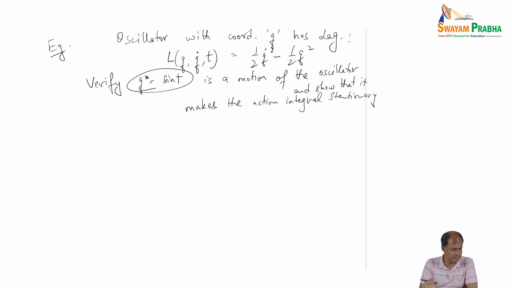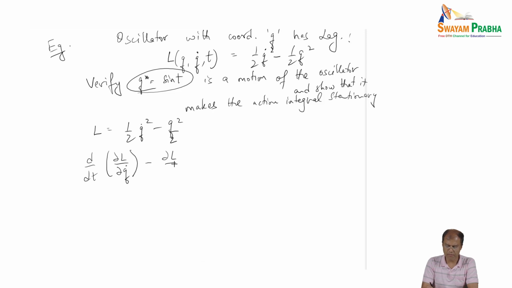Okay, so then if we have this Lagrangian given by q dot squared minus q squared over 2, and I differentiate d/dt of partial L partial q dot minus partial L partial q, and evaluate this Lagrange equation of motion, I get q double dot plus q equals 0.